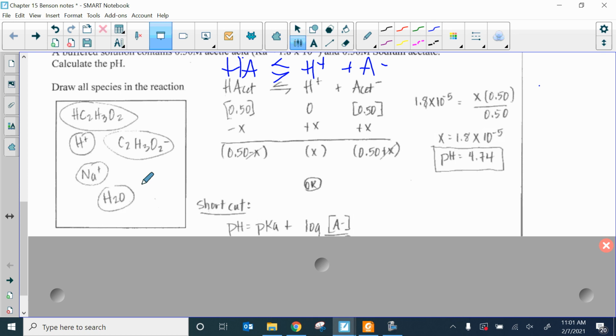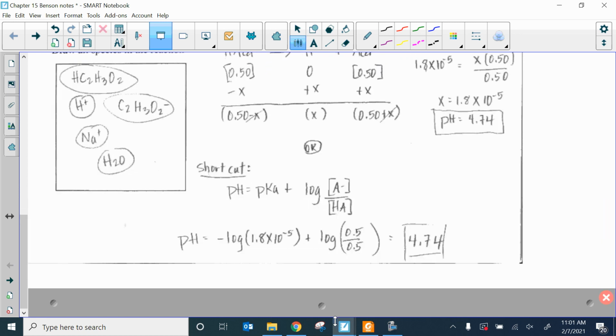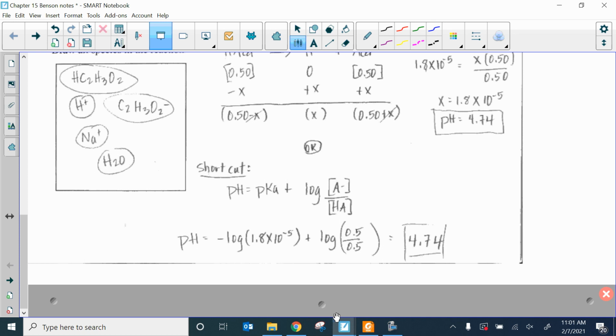to draw it yourself. Okay, so we also have a shortcut called Henderson-Hasselbalch, and this equation is on your AP reference sheet, and what it simply says is we can use this in buffering situations.